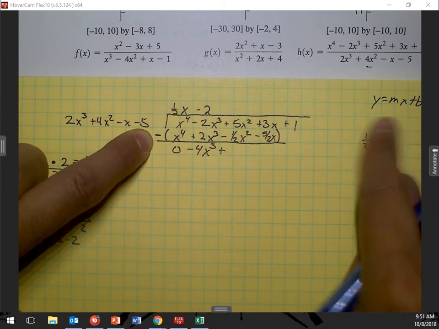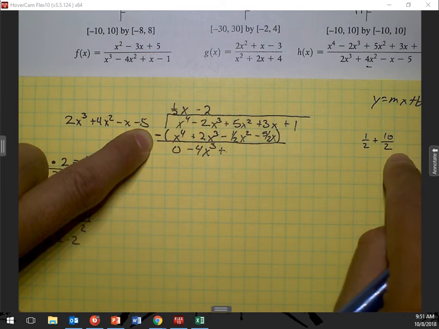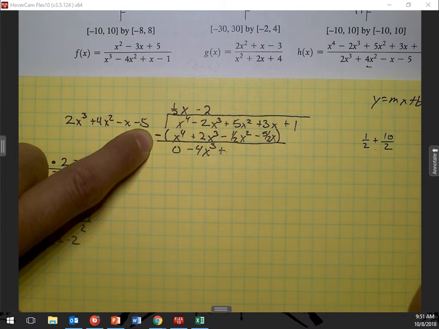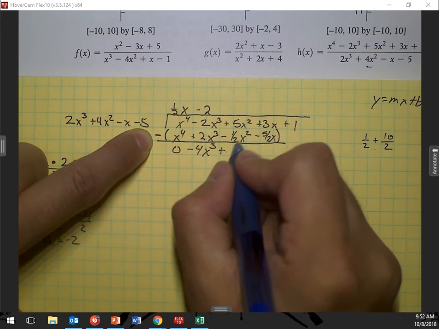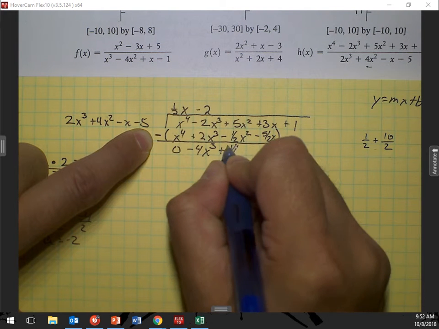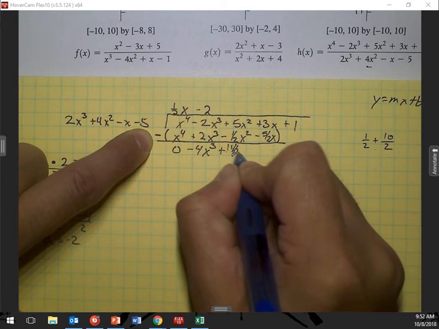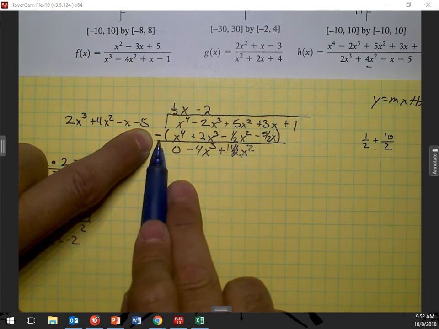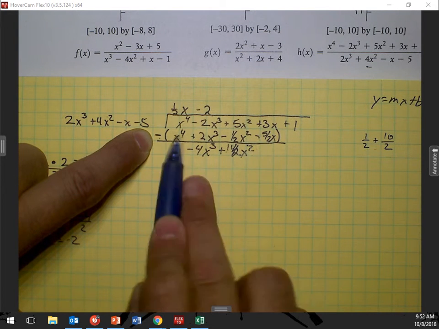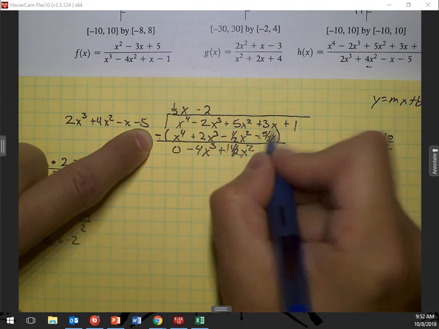If you always think about it in fractions, all whole numbers, you can make it whatever fraction you need. Okay? So I have this one right here, and I get 11 halves, 11 over 2 x squared. Now this next one right here, it's minus, minus, so that's going to make it a plus.